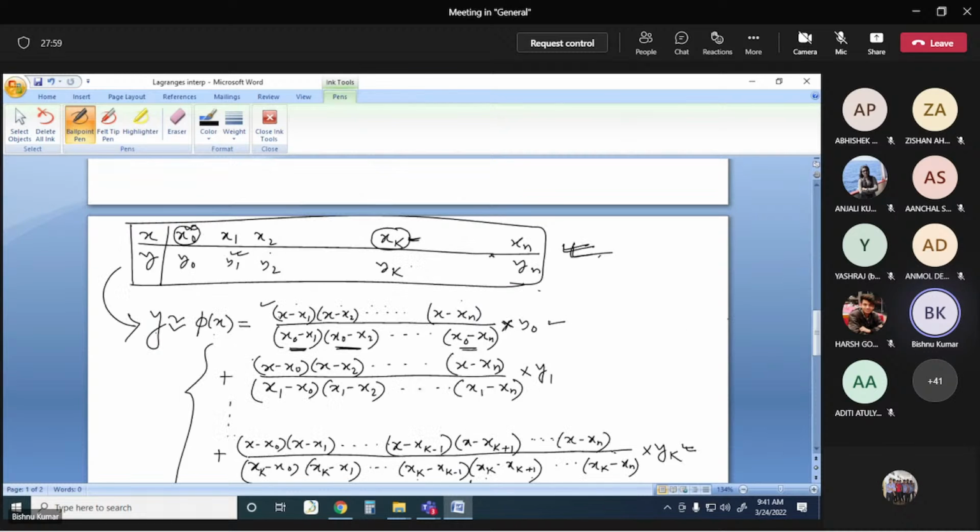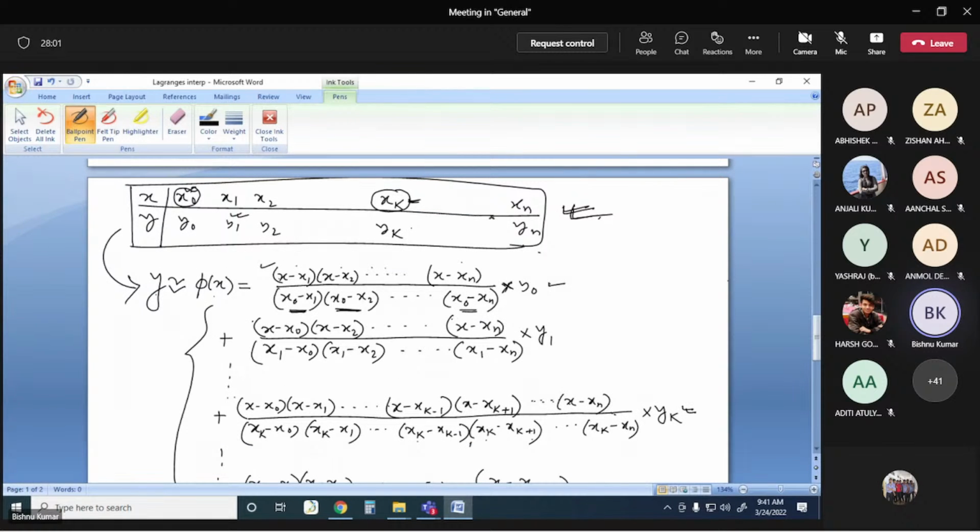An advantage is you may be able to establish inverse interpolation. Suppose you have to find out at some other point the value of x at particular y. Suppose y equals to yp is given to you, and that yp is not related to these data sets, outside or inside some other point. And y is given, x you have to find out. So that time you may be able to establish the formula in the same way in inverse way by replacing x by y.